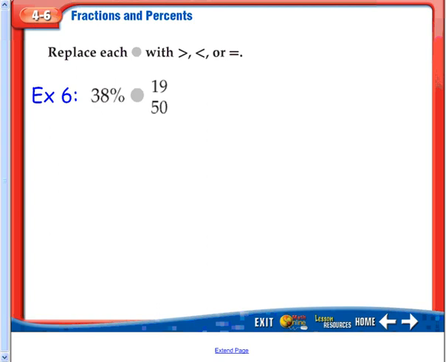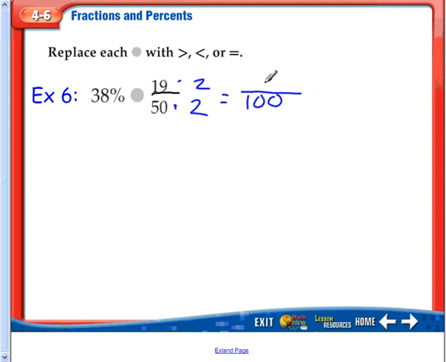Okay, now we're going to compare percents and fractions. 38% compared to 19 over 50. Well, it's going to be easier for me to compare these two numbers if they are both written as percents. So I'm going to take a look at 50. I need to get that to be 100. Multiply the top and the bottom by 2.